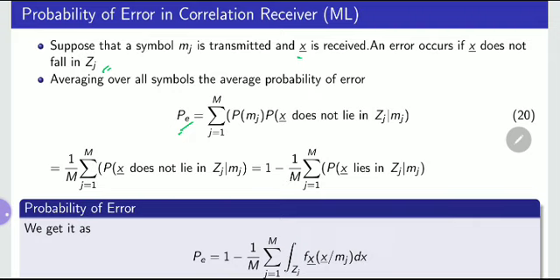You assume that all the messages are equiprobable, or we are using the ML rule; we are finding it for ML. So it is 1 by m into p of x does not lie in zj given mj. So it is 1 minus sigma j equal to 1 to m, p of x lies in zj given mj. It's taking the complement.